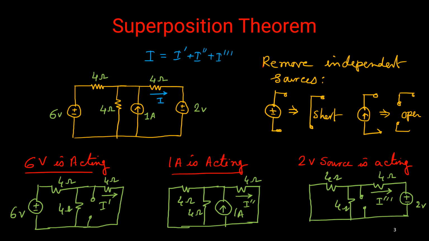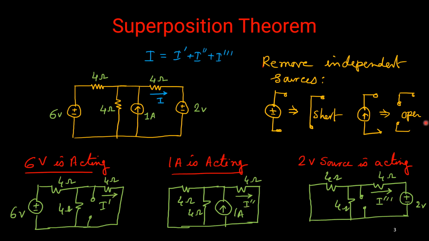These 3 currents I need to add to get the total current I flowing through this 4 ohm when all sources are acting all together. Right? Means for this circuit we can find out the total current I through that 4 ohm resistance. So we'll consider each circuit individually, calculate I prime, I double prime, and I triple prime, then add.